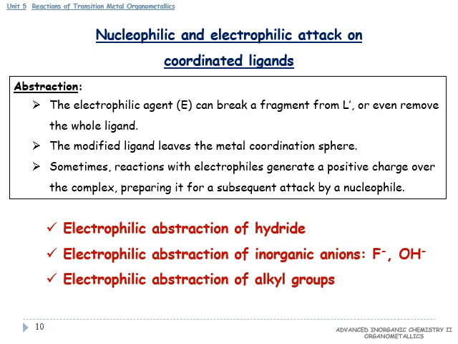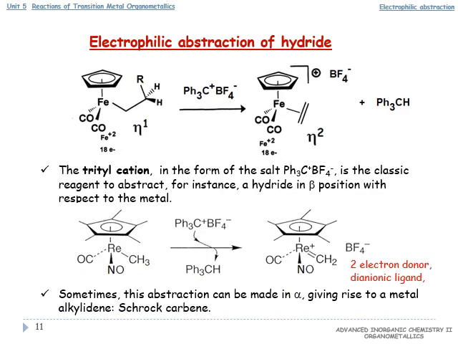Let's start, for example, with the electrophilic abstraction of hydride. The trityl cation in the form of the tetrafluoroborate salt is the classic reagent to abstract, for instance, a hydride in beta position with respect to the metal.